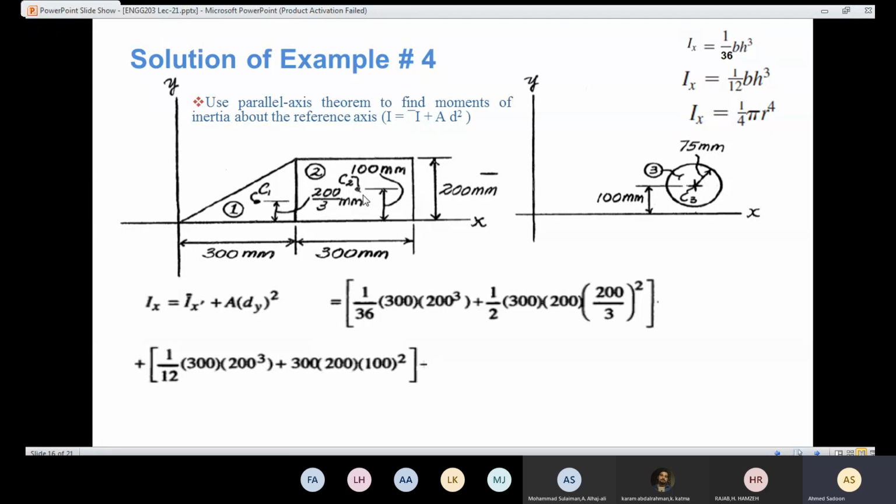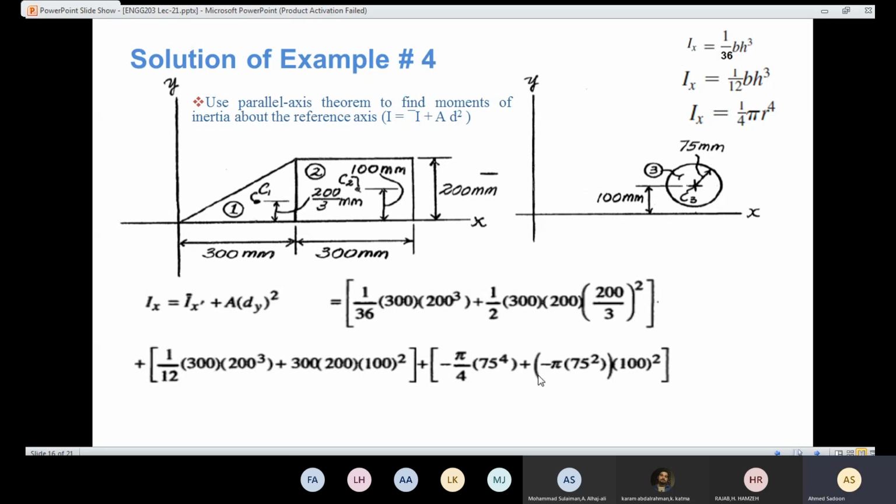Then I'm going to add the moment of inertia because of the circle. And remember, this one should be minus because the circle here is a hole. So for Ix bar, I'm going to use this one here. And this one depends only on r, and r is 75 millimeters.